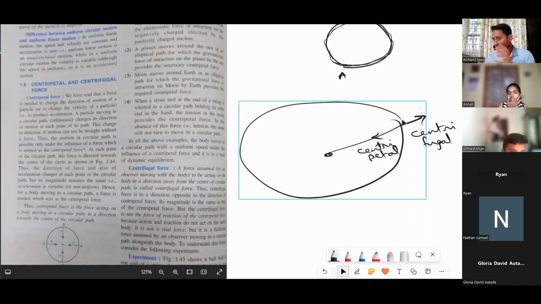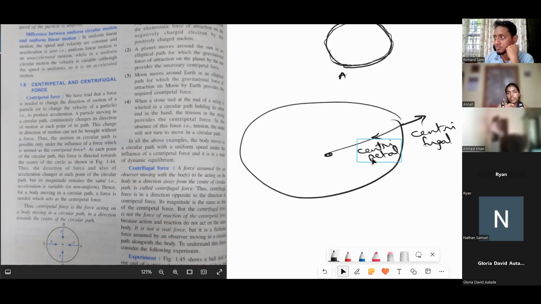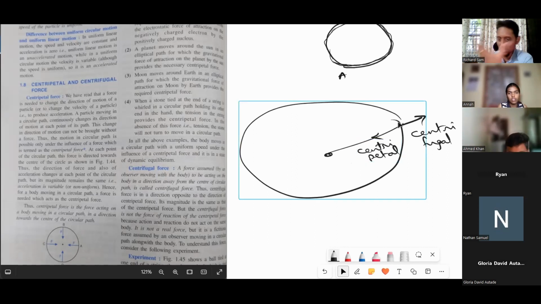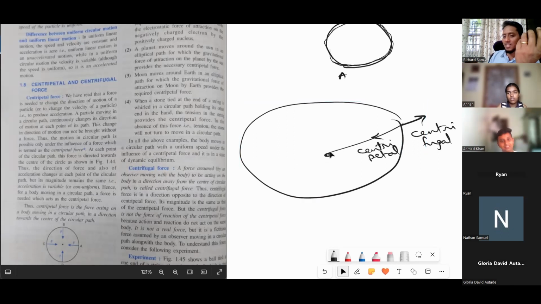What is holding it closer to the sun? Which pulls the earth towards the sun? The gravity of the sun. Yeah, the sun has gravity, and that is what is holding all the planets in place, right? Then why is the earth not falling into the sun?